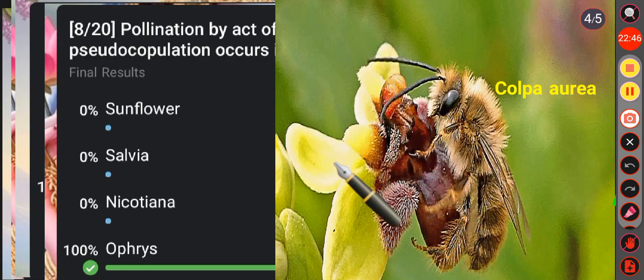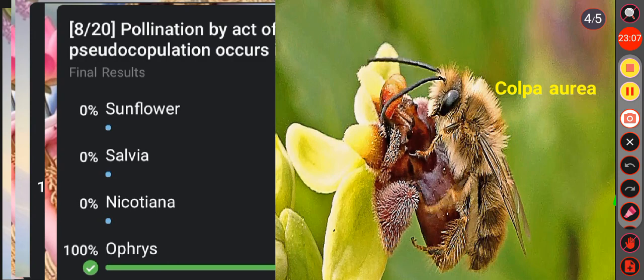So, the appearance of the central petal of the ophrys is similar to female wasps, and hence the male wasps are mistaken and they land on the ophrys flower to perform the act of pseudocopulation, and thus the pollination takes place.